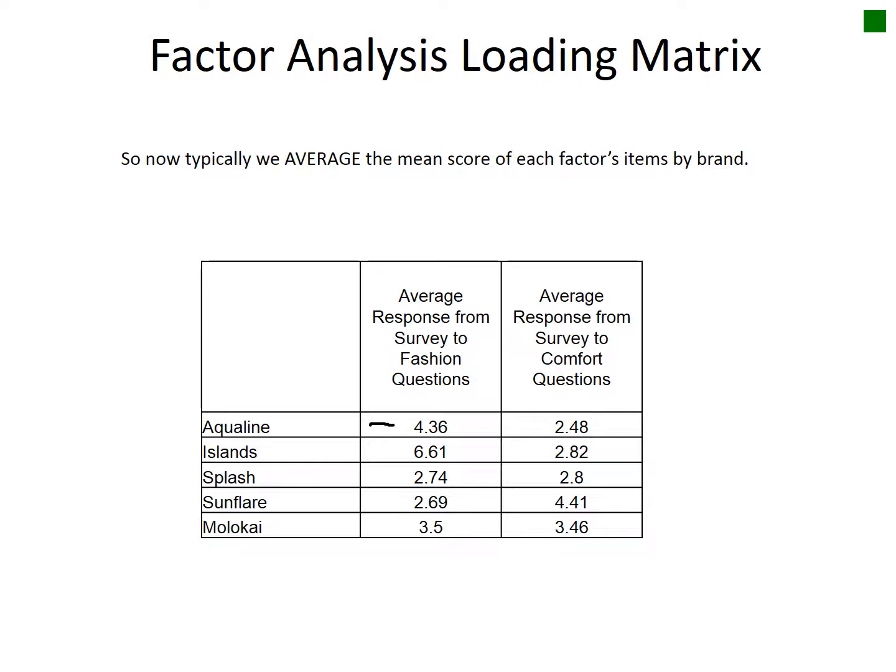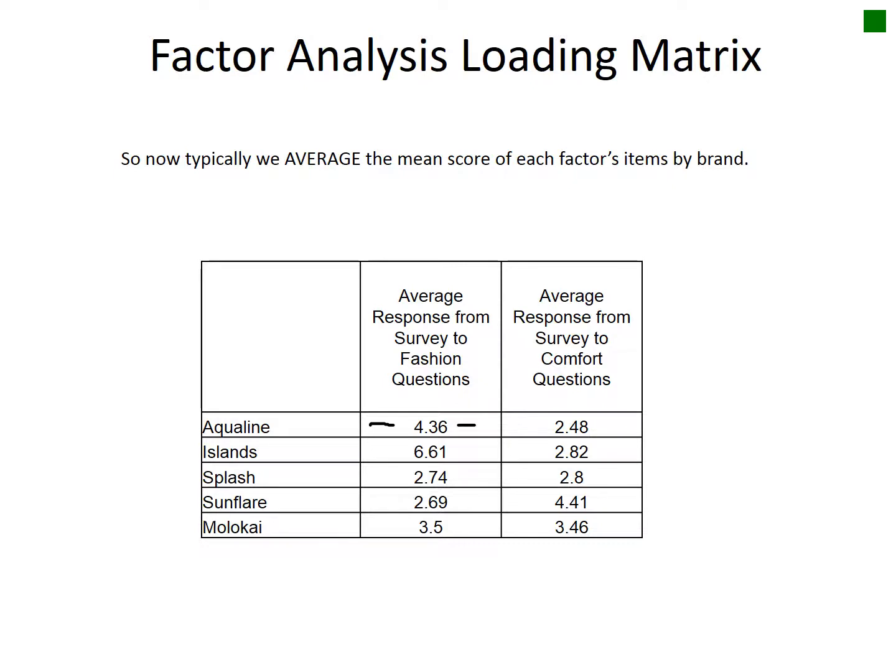We've got 5 different brands that were measured: Aqualine, Islands, Splash, Sunflare, and Molucca. And so the average score for the fashion questions for Aqualine was 4.36. Okay, the average score for the comfort questions for Aqualine was 2.48. So you can think of these averages as composite scores for each factor for each brand.